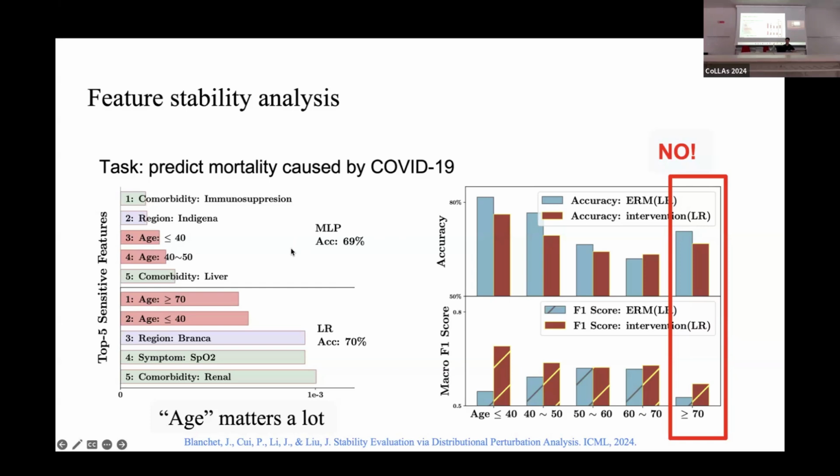It means that for younger people, the model simply predicts he will not die. But for elder people, the model simply predicts death. And therefore, even if the accuracy is high, their macro F1 score is very low, and it's kind of a random guess.